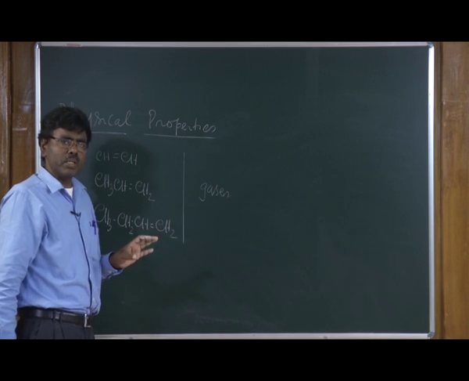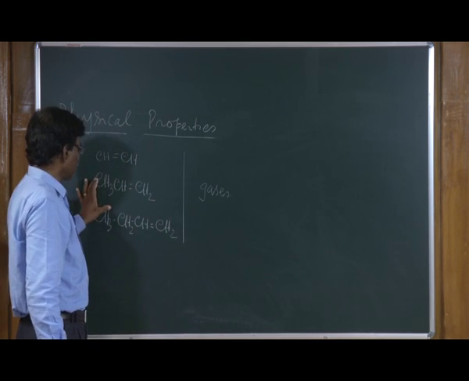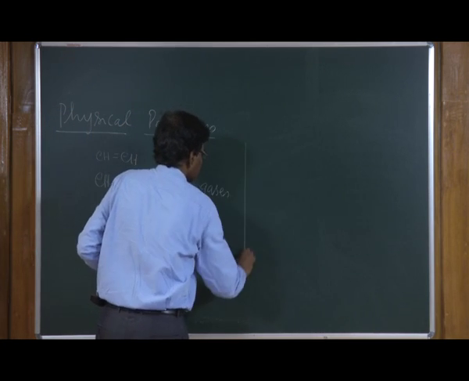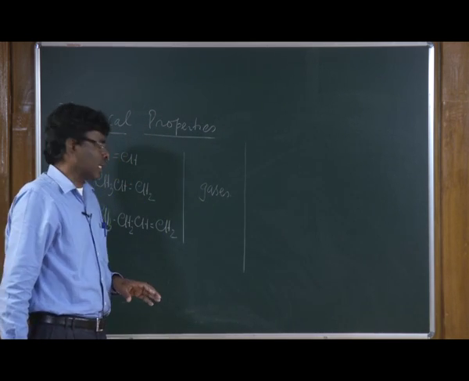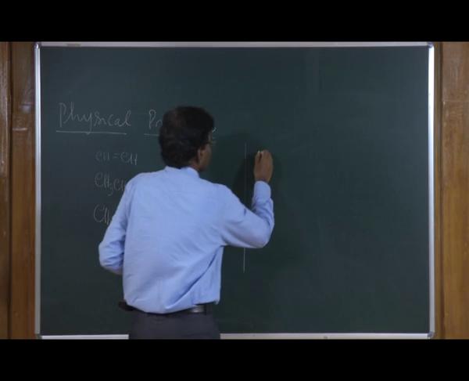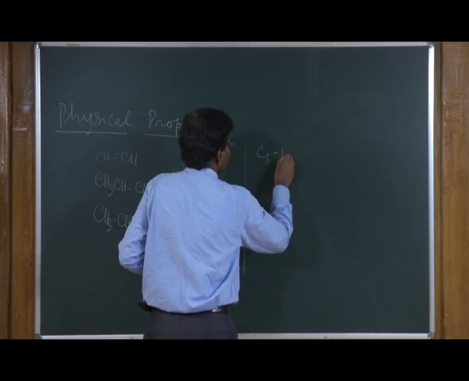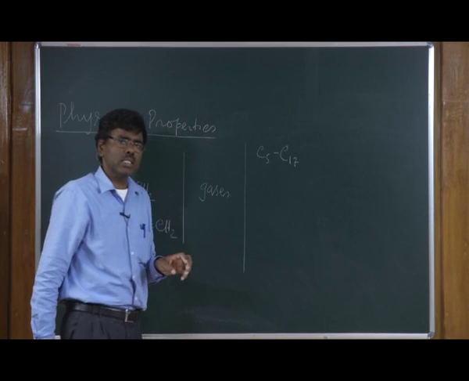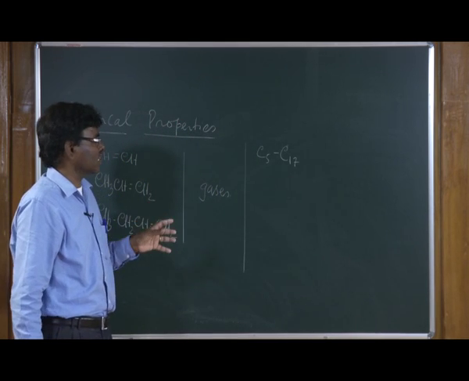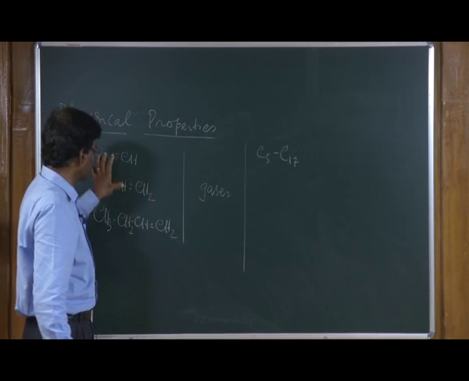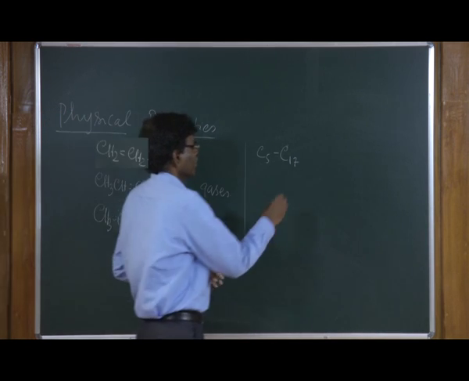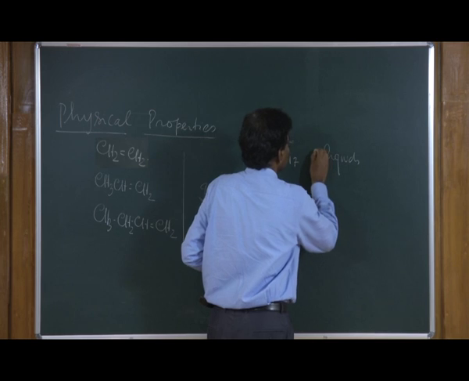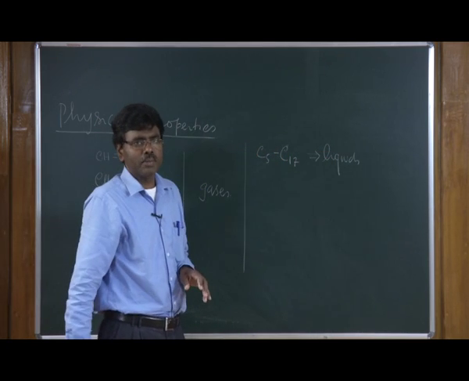The first three members of this series, ethene, propene, butene, are gases, and the next 14 members, the alkenes that contain C5 to C17 carbon atoms, are generally liquids.